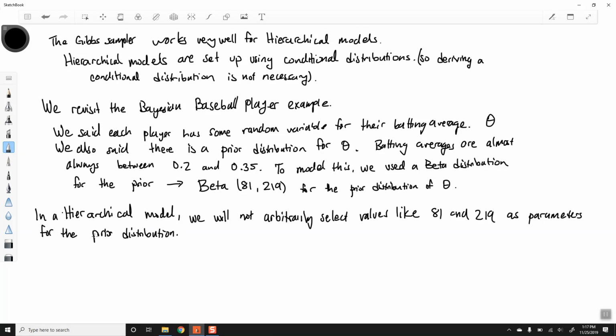Instead, we will treat the shape parameters, alpha equal to 81 and beta equal to 219, as random variables themselves.